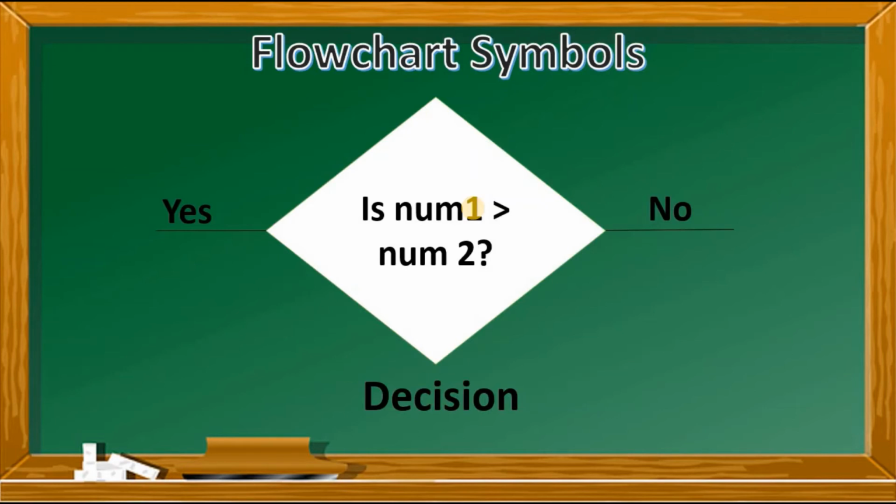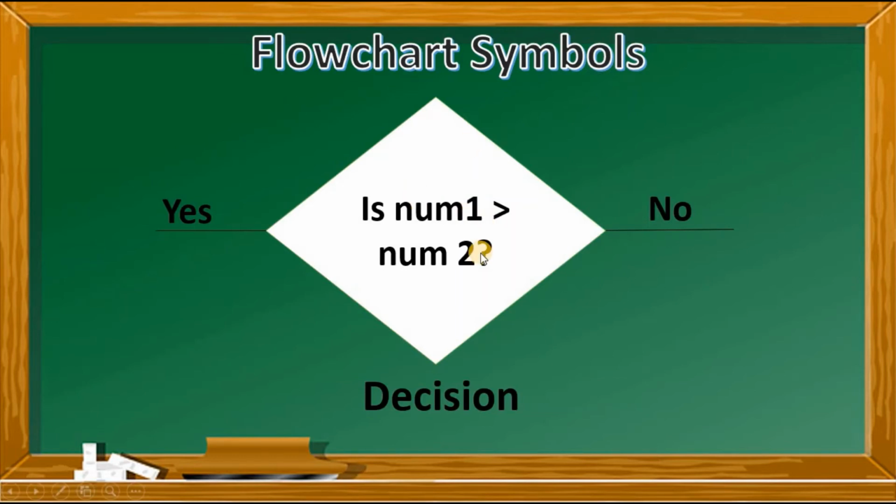And then our next symbol is a diamond, which represents a decision. So this indicates that if we are supposed to give the user a yes or no type of result, then a decision would be used. So let's say the user wanted to find out what would happen if num 1 was greater than num 2. So the user wanted to say add another number if it is greater than 1.